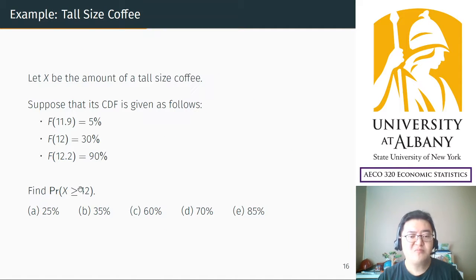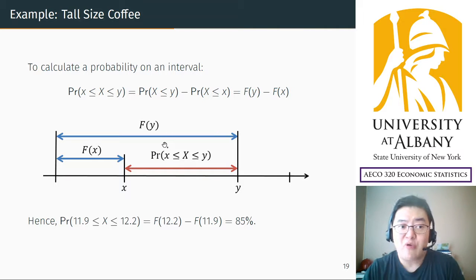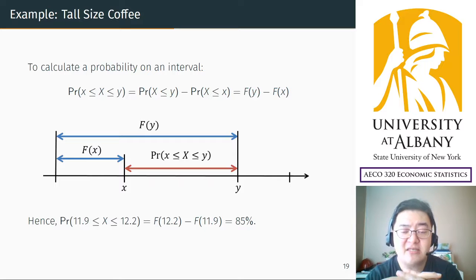And of course, the CDF itself is the probability smaller than something. So any type of probability can be calculated using the CDF. That's what we meant, and that's why the CDF is the main tool to define the probability distribution.